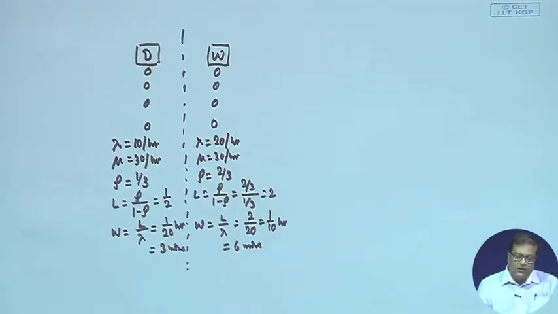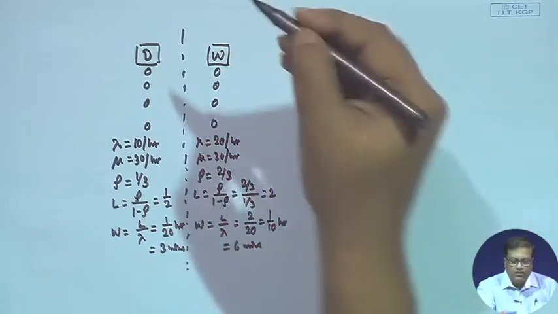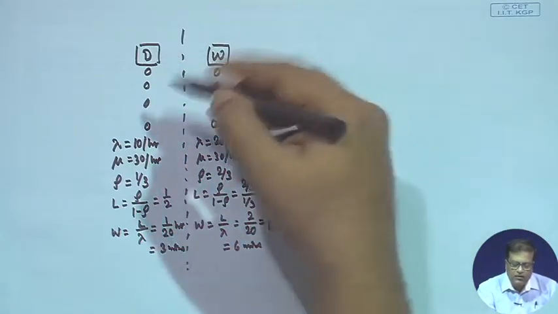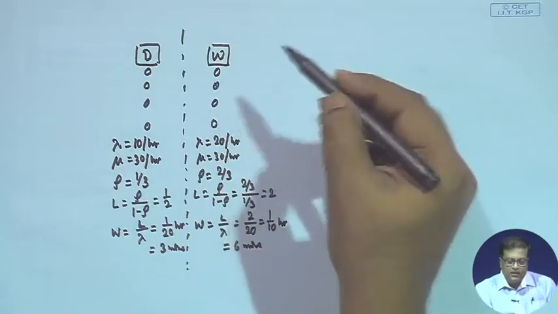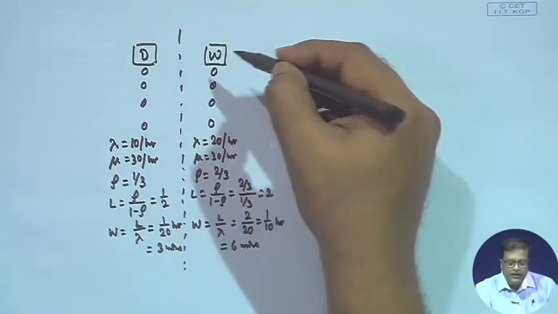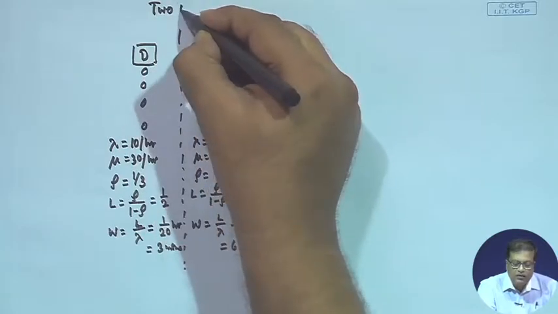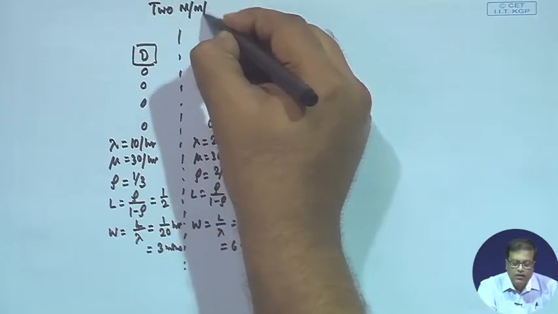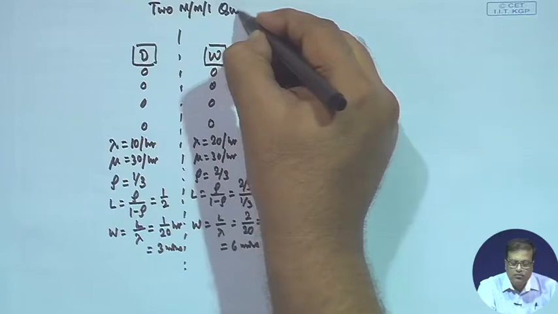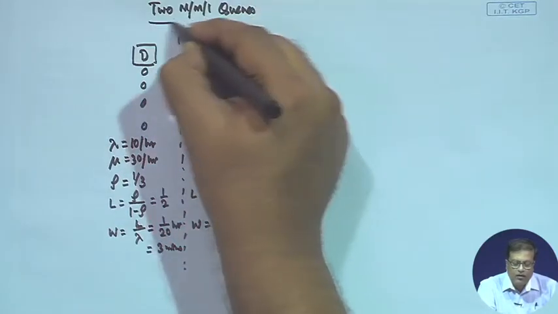So, these calculations we had already done, and this is available in our previous lecture, but just repeated here. But one thing must be remembered, that these are 2 MM1 queues.